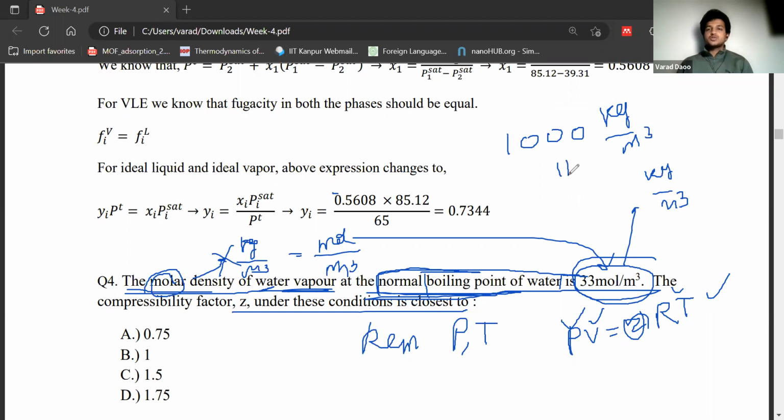If the density is approximately the same, that means Z will be equal to 1. If it is less, then Z will not be equal to 1, or if it is more, also Z will not be equal to 1. So I've told you two methodologies to find it.